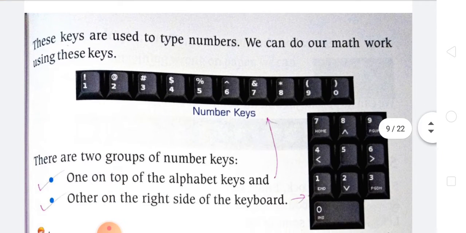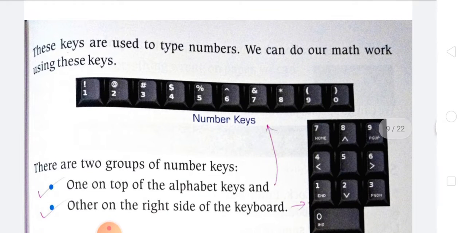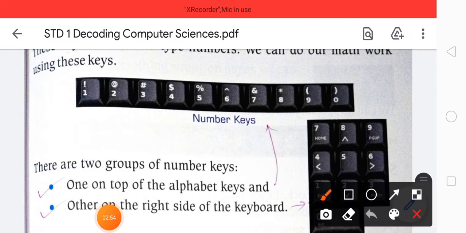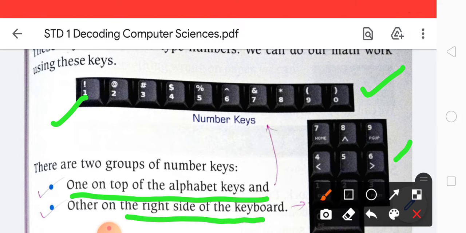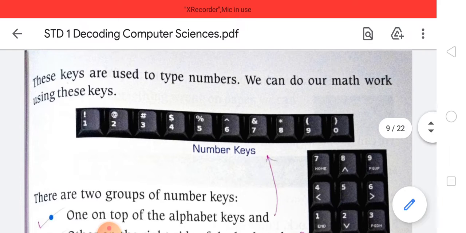Okay, and if we talk about the number keys, these are the number keys, and you may see there are 2 types: on the top of the alphabet keys there is one set of number keys, and on the right side of the keyboard there is another set of number keys. So these help us to type numbers.